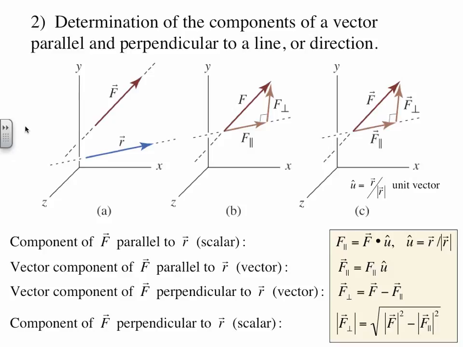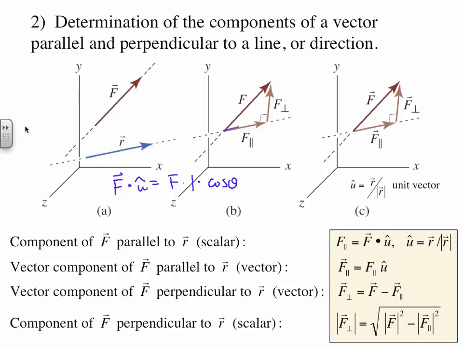Here we have a plane defined by a force vector f and a unit vector aligned with the position vector r. Using the definition of the dot product, f dot u is the magnitude of the first vector times the magnitude of the second vector, which is just 1, times the cosine of the angle between the two vectors.